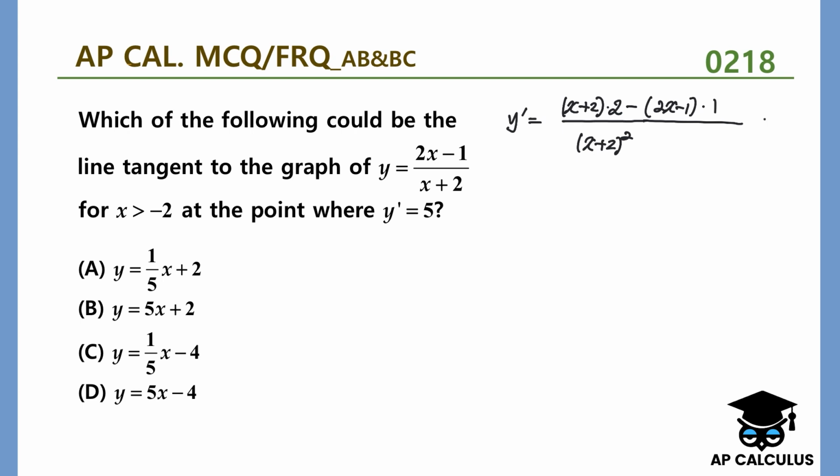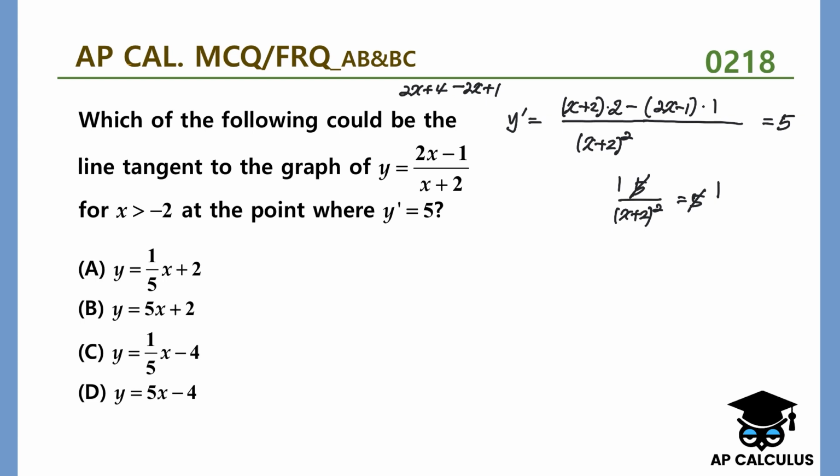So that is equal to 5, right? Here, if we simplify the numerator, that's going to be 2x plus 4 minus 2x plus 1, right? So 5 over x plus 2 squared is equal to 5.